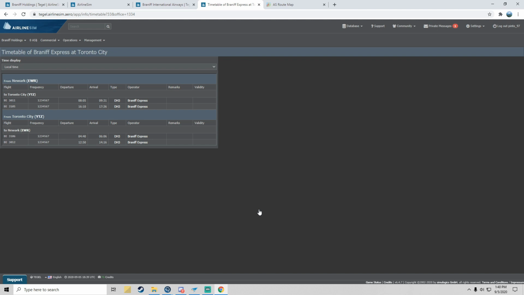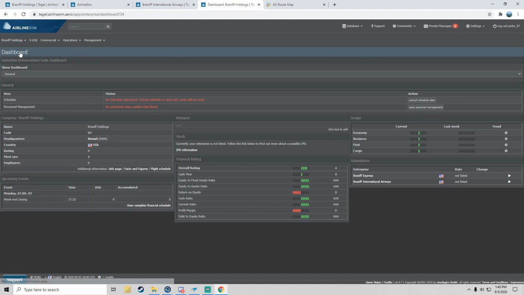It allowed me to kind of monopolize these routes. I'm the only airline serving 90% of the destinations that Braniff Express serves, which means I don't have to really worry about pricing. I can price it a little higher than I normally price everything else because it's just how it is. So let's take a look at some other quick things to keep in mind.